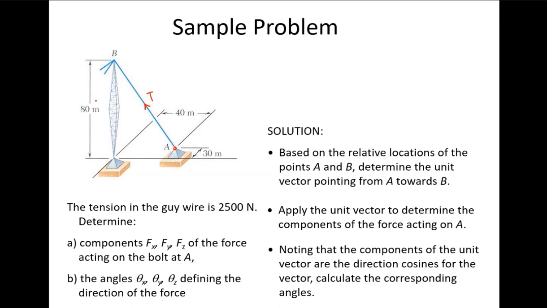This height is given to you as 80 meter. This is 40 meter. And this distance, from the midpoint of this to the midpoint of this, is given to you as 30 meter. So can I consider this point as the origin?